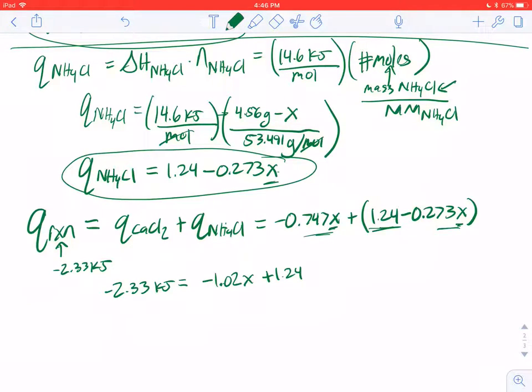And so now we can go ahead and add in our 1.02x. And so we're going to get our 1.24 equals our negative 2.33 plus our 1.02.